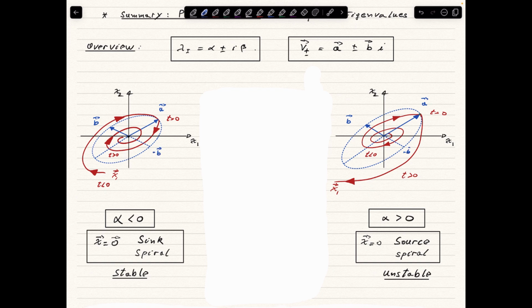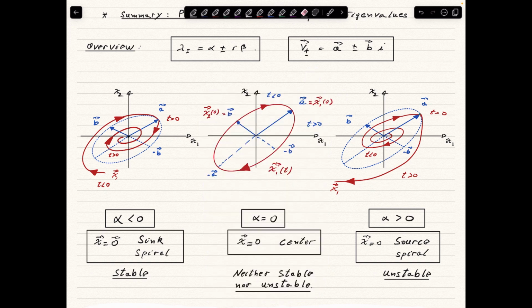When alpha is 0, well, we don't have a spiral anymore. We have an ellipse, and we always move on the ellipse at a finite distance from the origin, and we never go to infinity. We call that case a center.